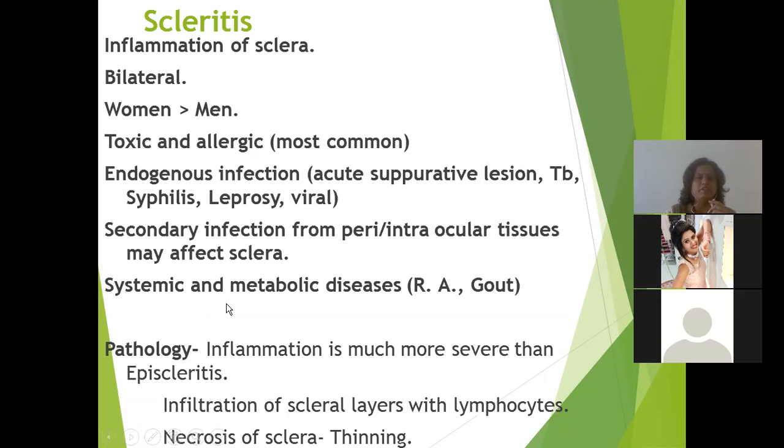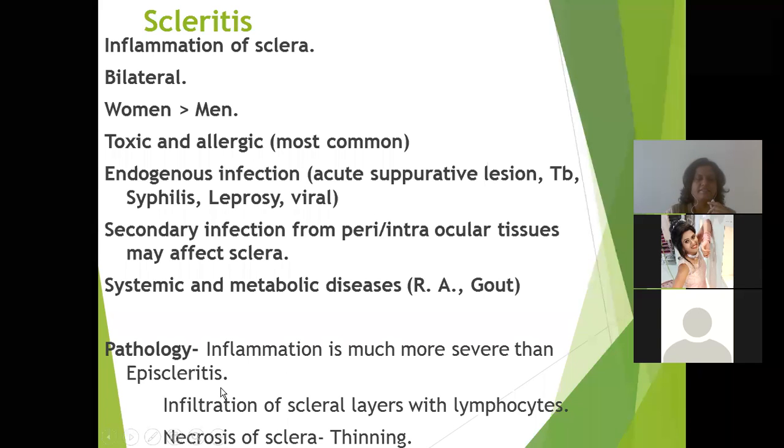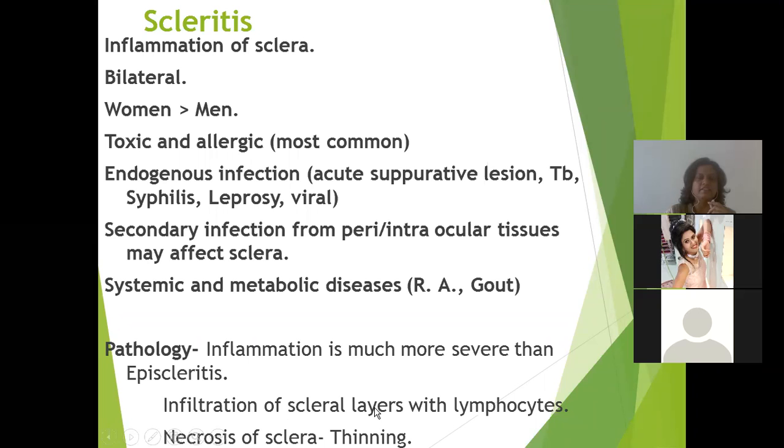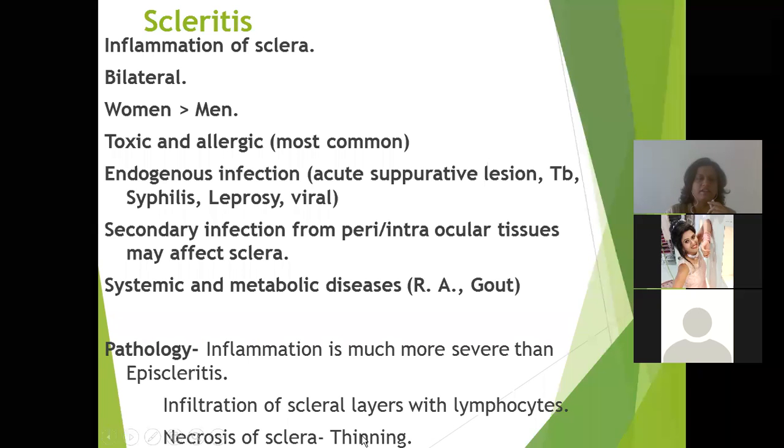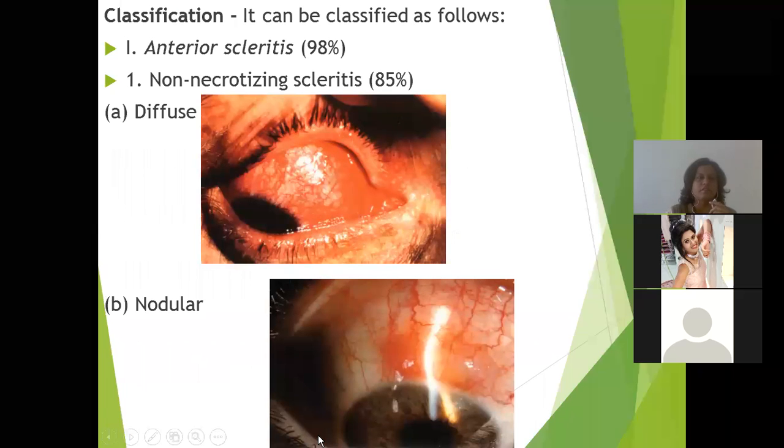Systemic and metabolic diseases like rheumatoid arthritis. Pathology: the inflammation is much more severe than in episcleritis. There is an infiltration of the scleral layer with lymphocytes and necrosis of the sclera, that is, thinning.